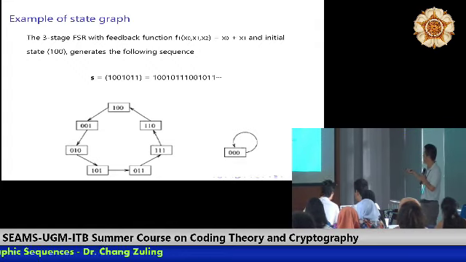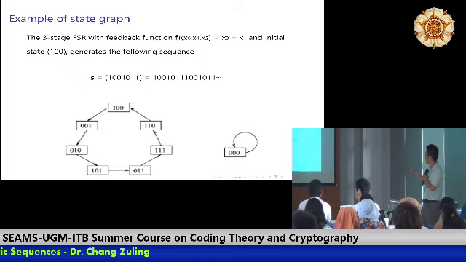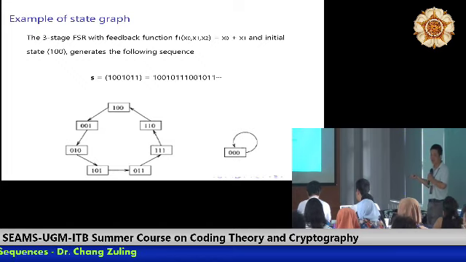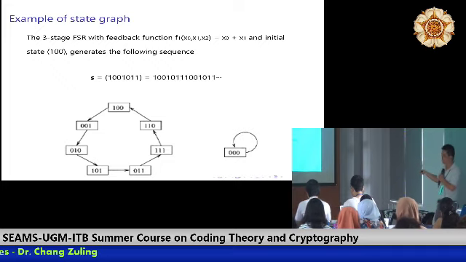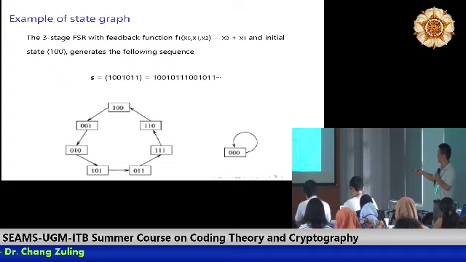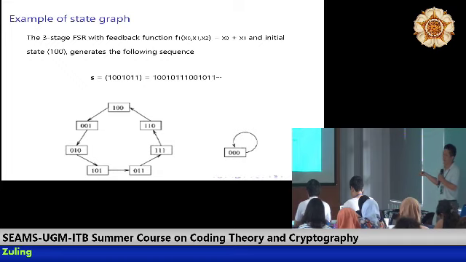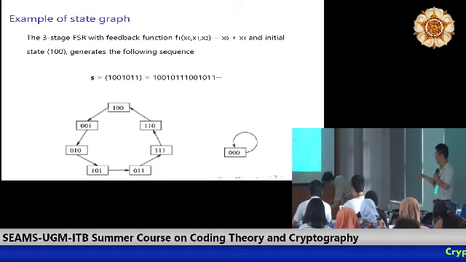According to the feedback function, if this function is linear, that is, a combination of x0 to x_{n-1} with coefficients 0 or 1, then we call it a linear FSR, LFSR. In other cases, we call it a nonlinear FSR, NFSR for short.